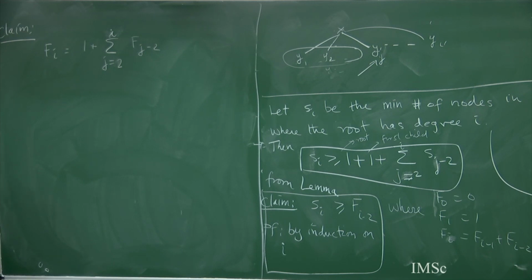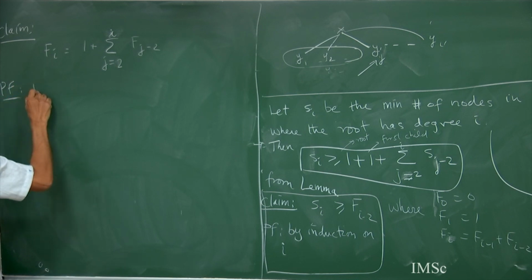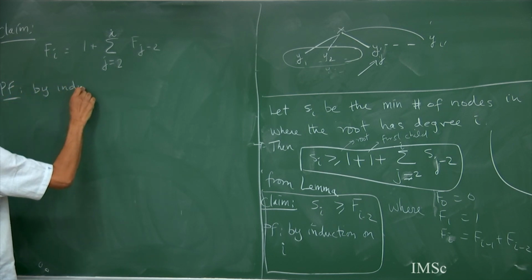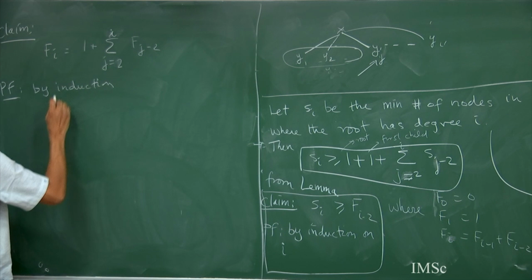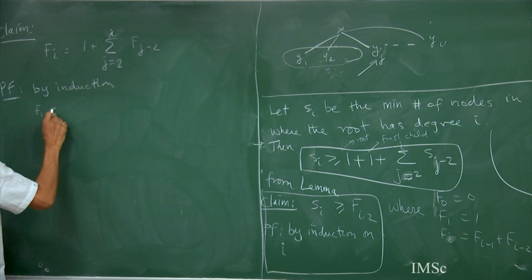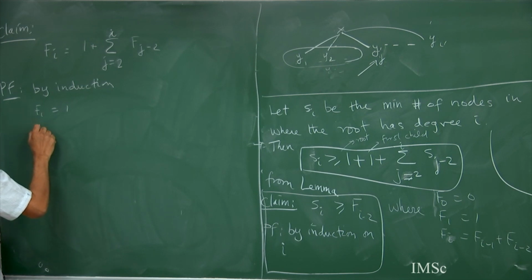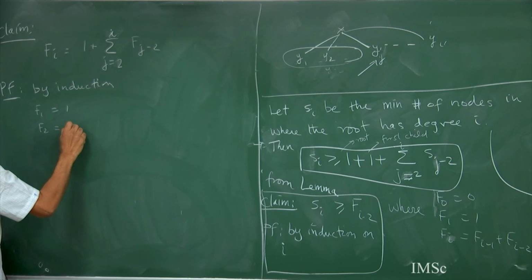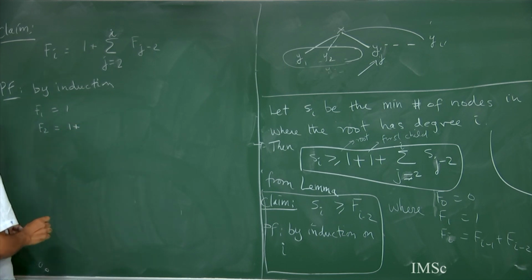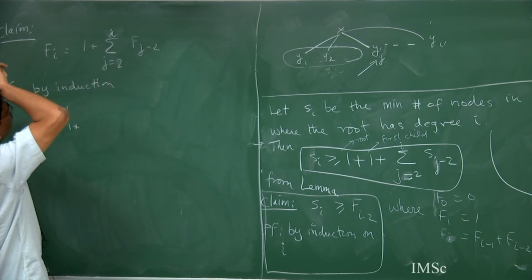Okay, so this is proof by induction. F1 is 1 because this term is 0. F2 is 1 plus, what does it say?